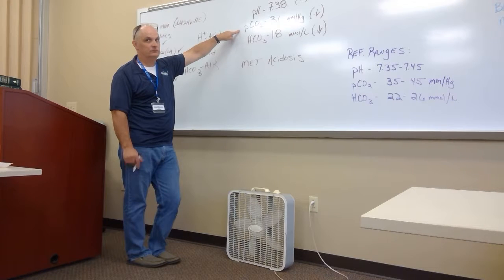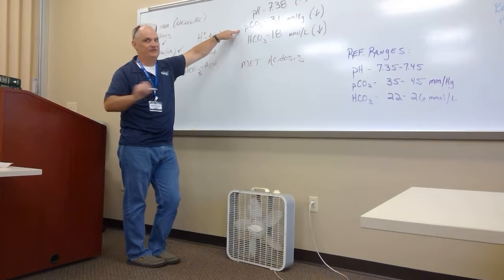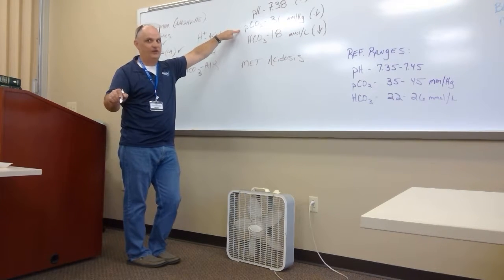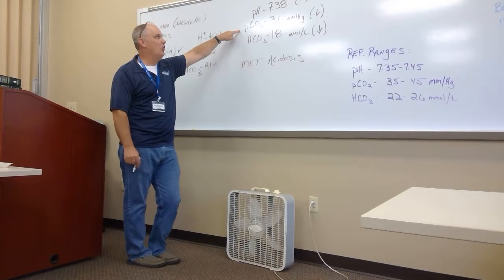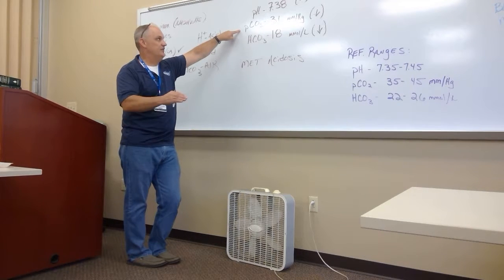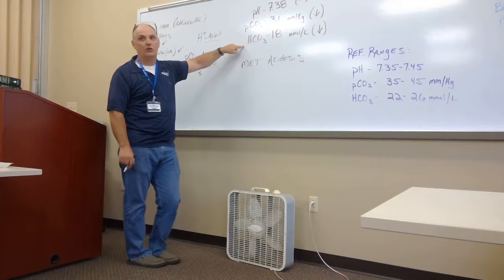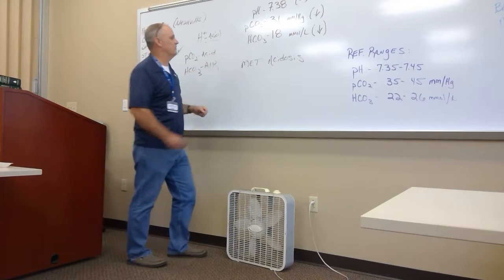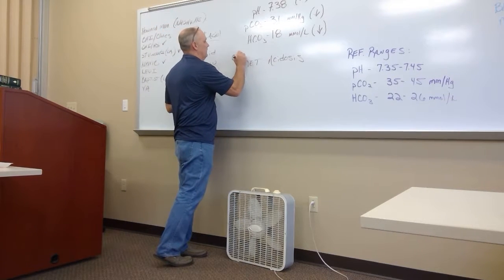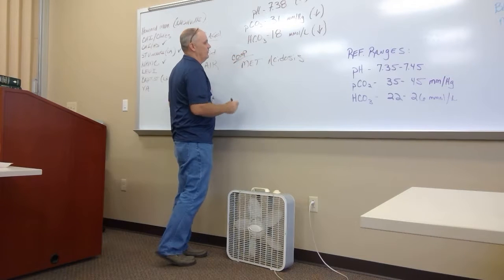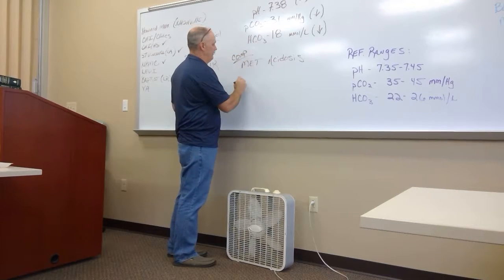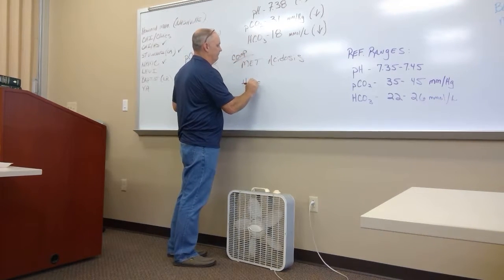Breathing it out. Hyperventilating. The patient is in the process of hyperventilating, so they're blowing off the PCO2 to catch it up with the low HCO3. This is compensated metabolic acidosis, and probably this patient is in the middle of hyperventilating.